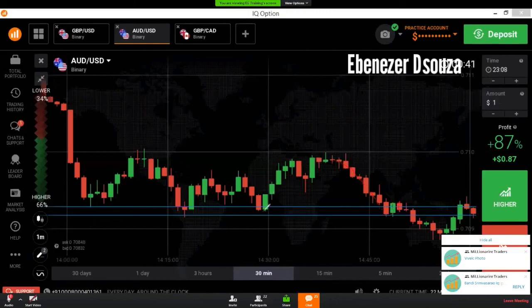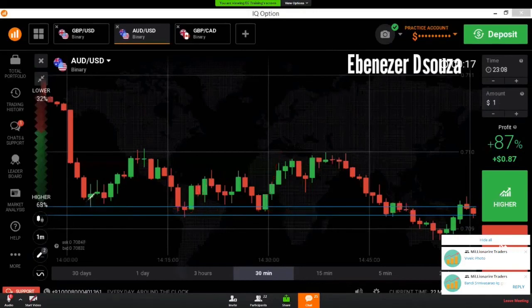Okay, here also we are seeing a strong buyer's entry, a seller's entry, again a buyer's entry. So buyers are here, buyers are here. The candle closed exactly at the buyer's area, but on the next candle we are still seeing a bearish candle.